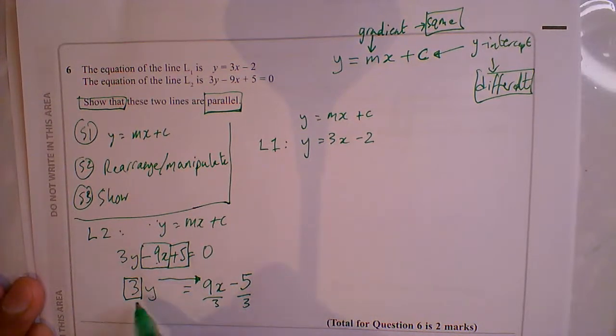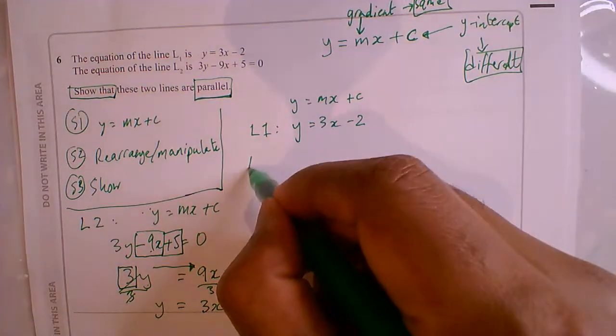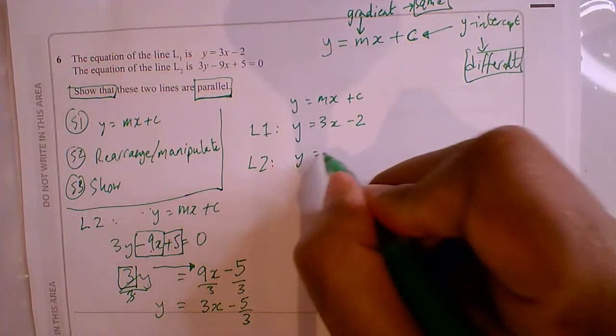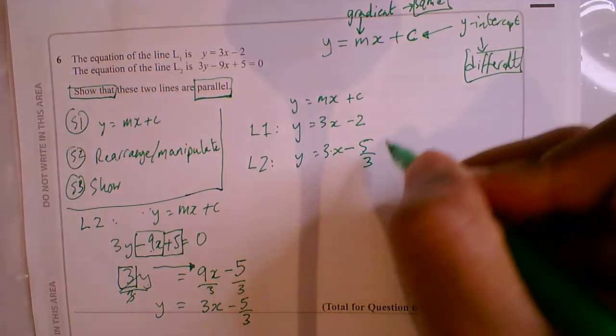Now I can simplify this. The 3s will cancel. I've got y equals 9 divided by 3 is 3x. And I can leave this as a fraction, 5 over 3. I don't need to worry about that. So for L2, I'm going to align it next to the other one. You can see y equals 3x take away 5 over 3.